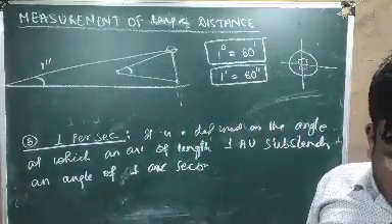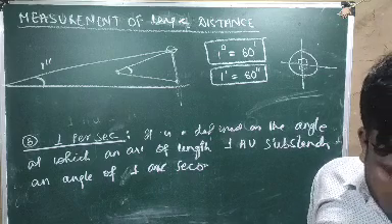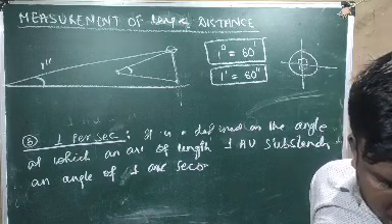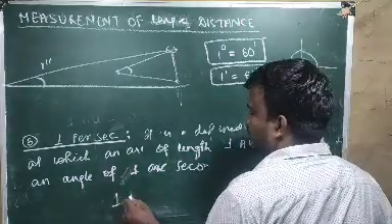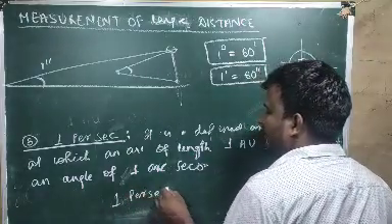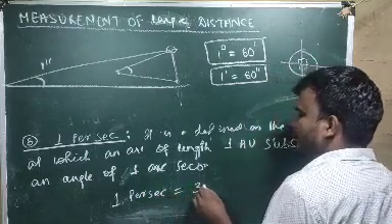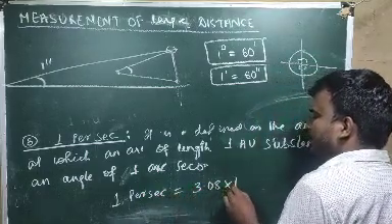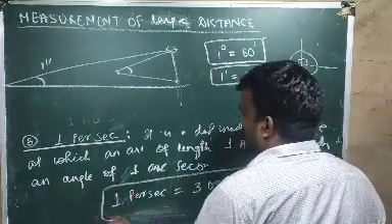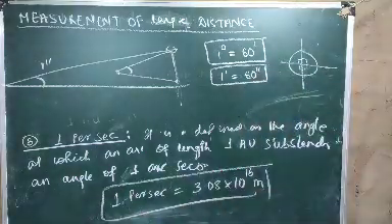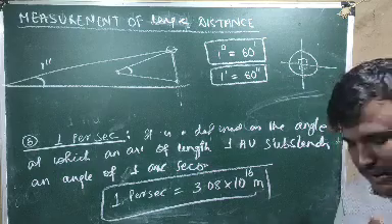So it is the largest possible distance known till now. 1 parsec is equal to 3.08 multiplied by 10 to the power 16 meter.